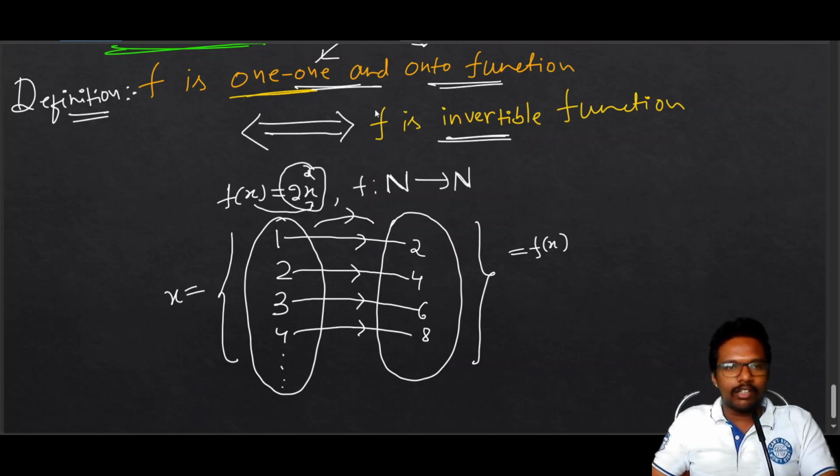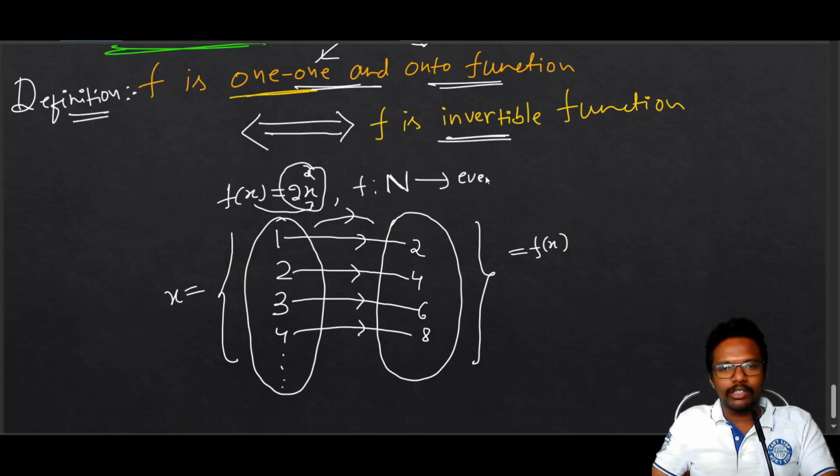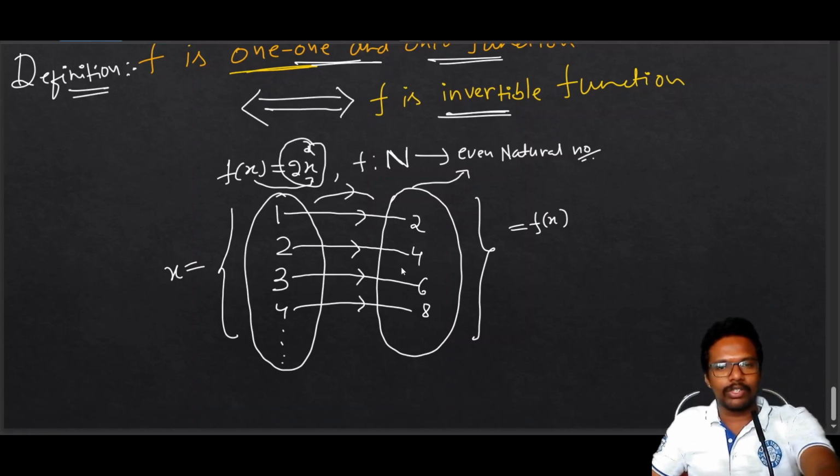So let us take the codomain. To make it onto, let us change this codomain part. This only contains even natural numbers. This is the codomain part, even natural numbers. If you observe clearly, if you put in 1, we get 2.